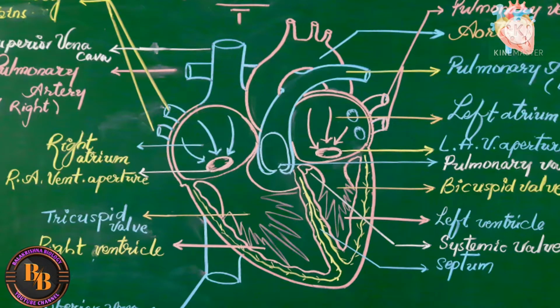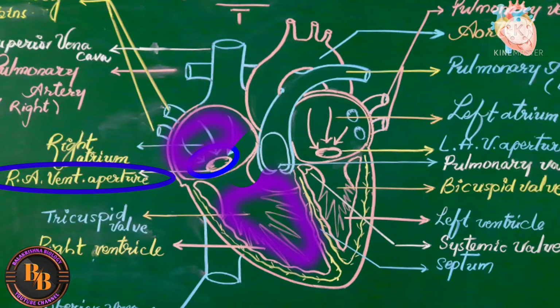Next, apertures, nothing but holes. There are two kinds of apertures here. Number one is the right auriculoventricular aperture. This is a hole-like structure present between the right atrium and right ventricle. Through this aperture, blood flows from the right atrium to the right ventricle.